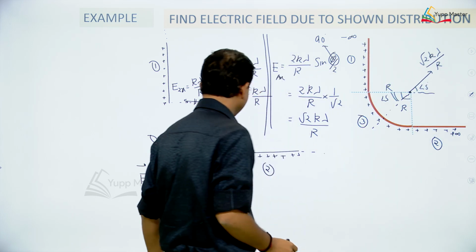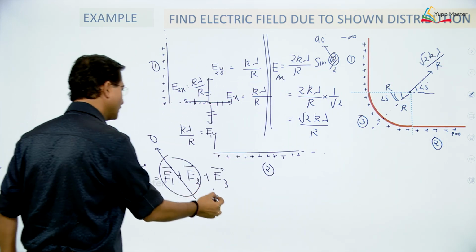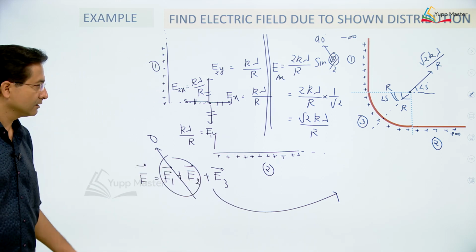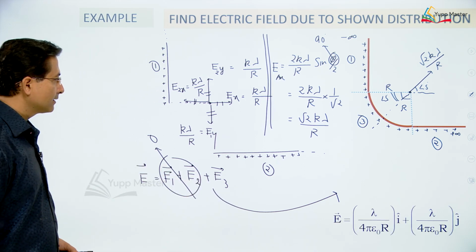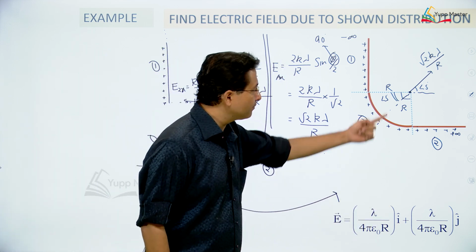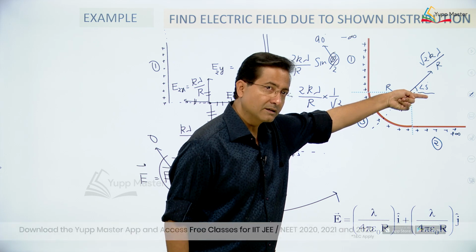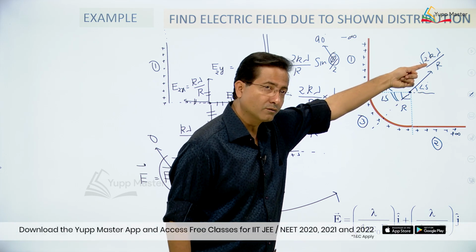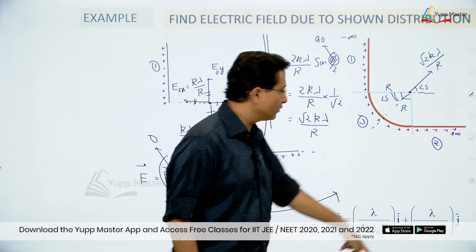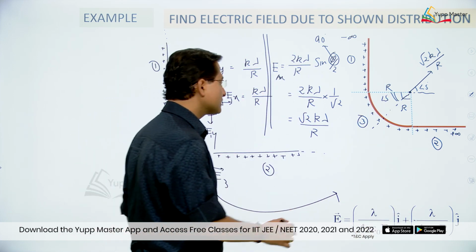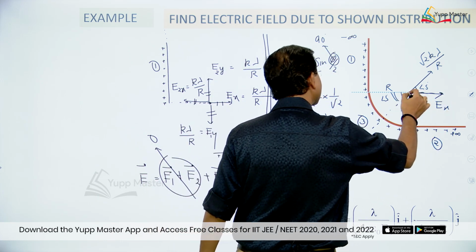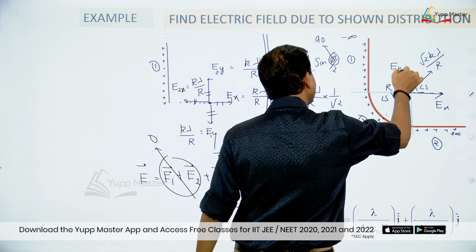So here if I substitute the value of E3, then I will get k lambda by r I cap, this component in this direction, root 2 into cos 45, then sin 45, root 2 will go, you will get one component in this direction and another component in this direction.